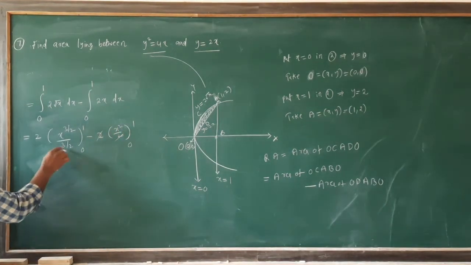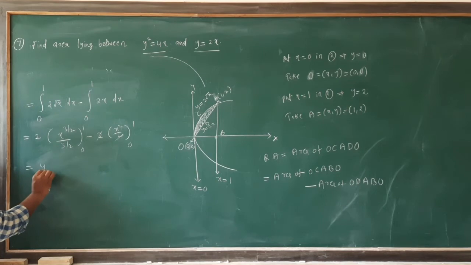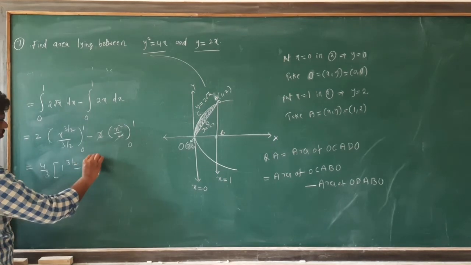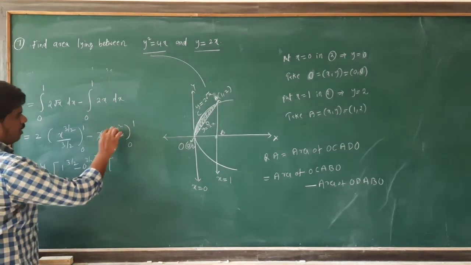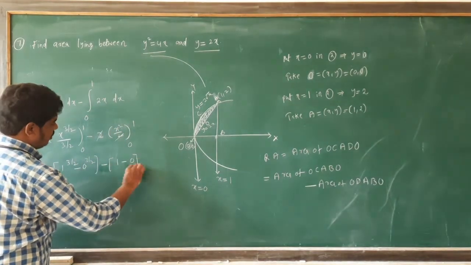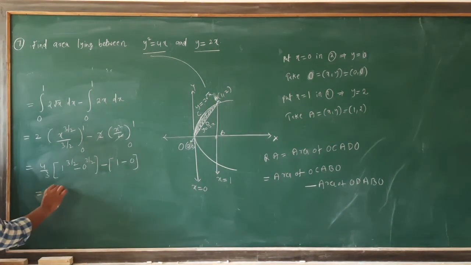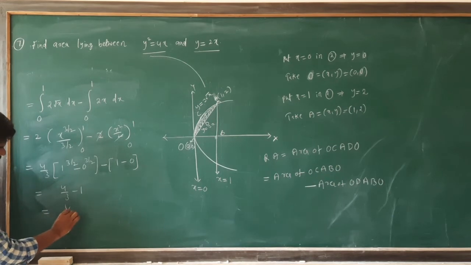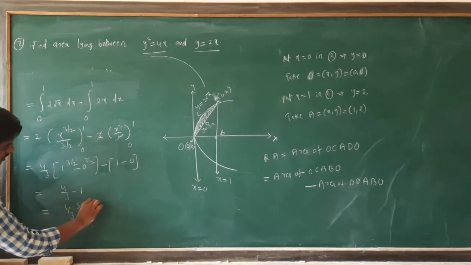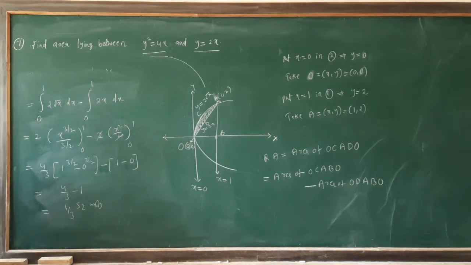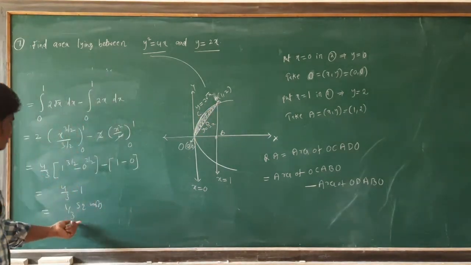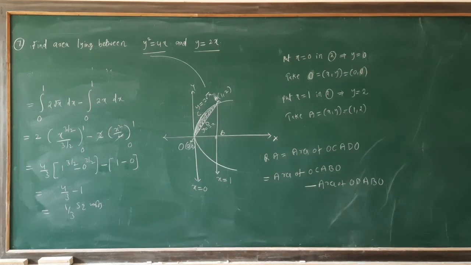This is 4 by 3 times upper limit 1 to the power 3 by 2 minus 0, minus upper limit 1 minus lower limit 0. Now this equals 4 by 3 minus 1. The answer is 1 by 3 square units. The area of this region is 1 by 3 square units.